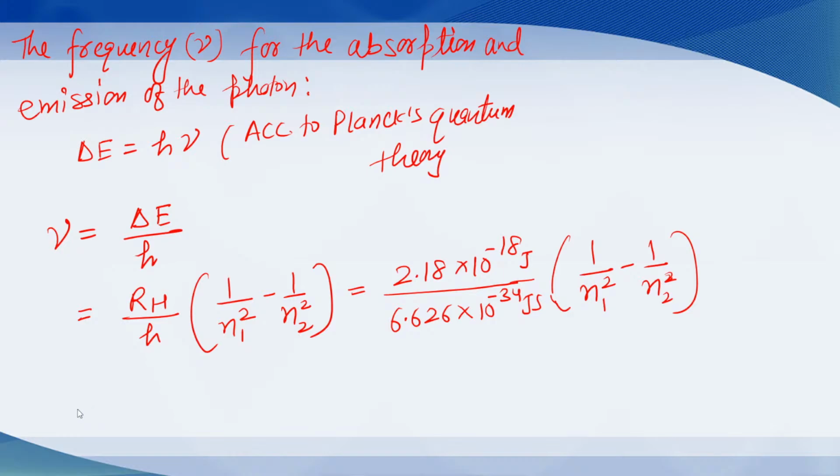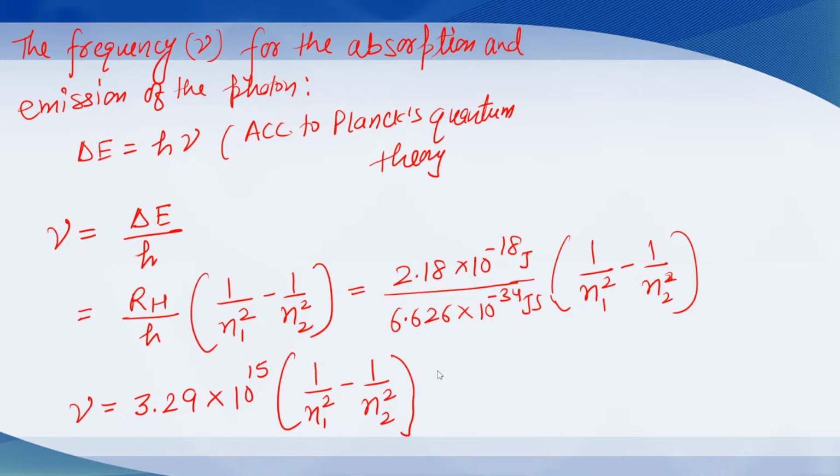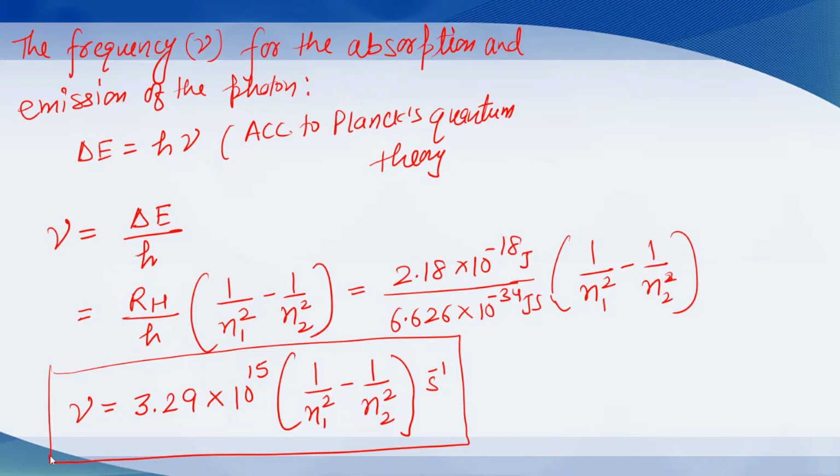So when we divide it, the value comes out to be 3.29 into 10 raised to power 15, into 1 upon n1 square minus 1 upon n2 square per second, or we can take it as hertz. 1 per second is hertz. This is the frequency.